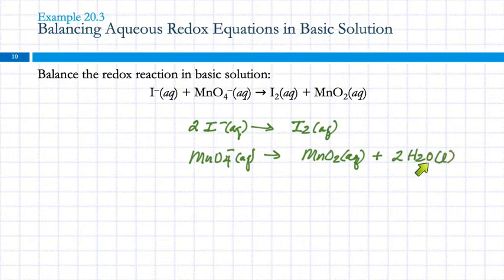With 2 water molecules, I have a total of 4 oxygens over here and 4 oxygens over there. But that brought hydrogen in, and so I balance the hydrogen by adding hydrogen ions. So I need 4 hydrogen ions.